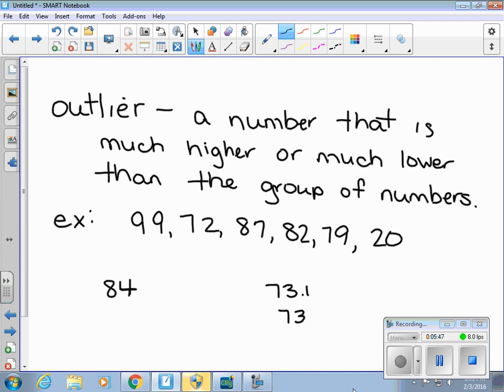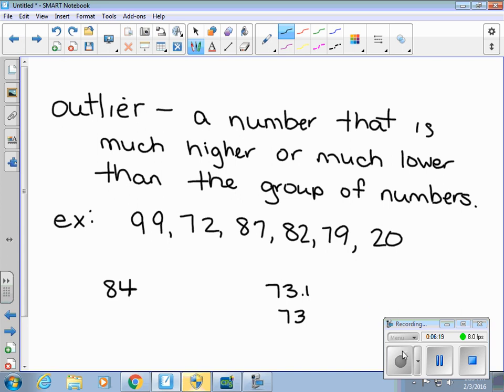Add it all, and then when you get done and you hit equals, then divide by 6. 73.1, so if we round to a whole number, we're going to get 73.